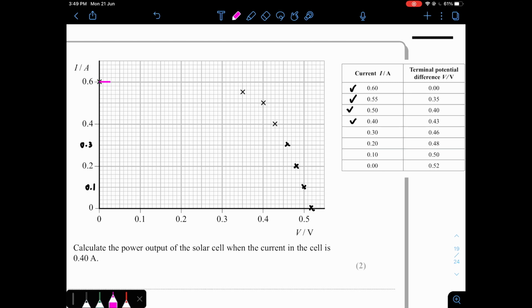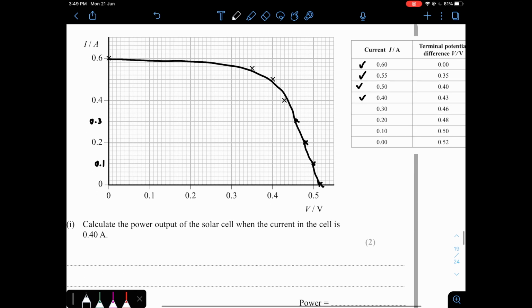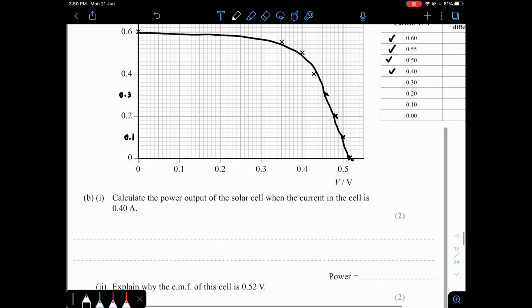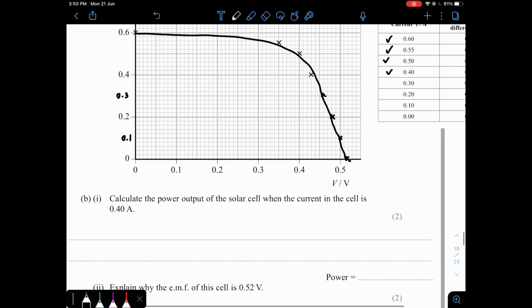It should go from here all the way here, like this. I think that's the line of best fit. Next: calculate the power output when it's 0.4 amps.